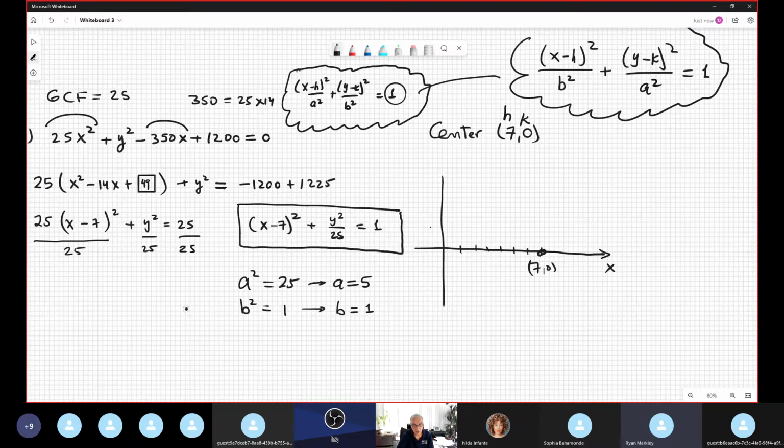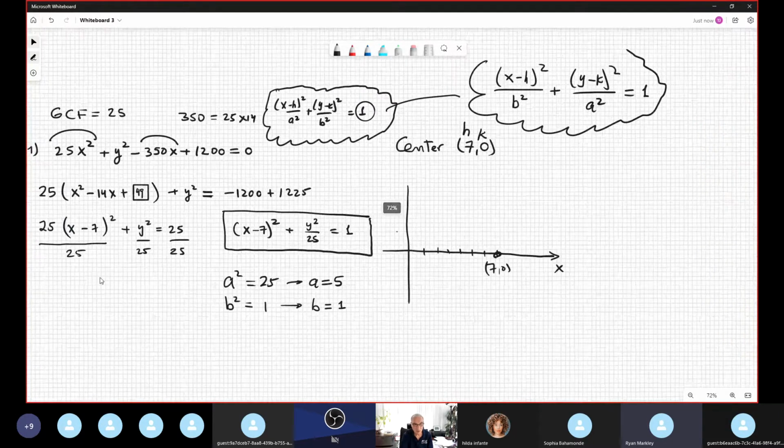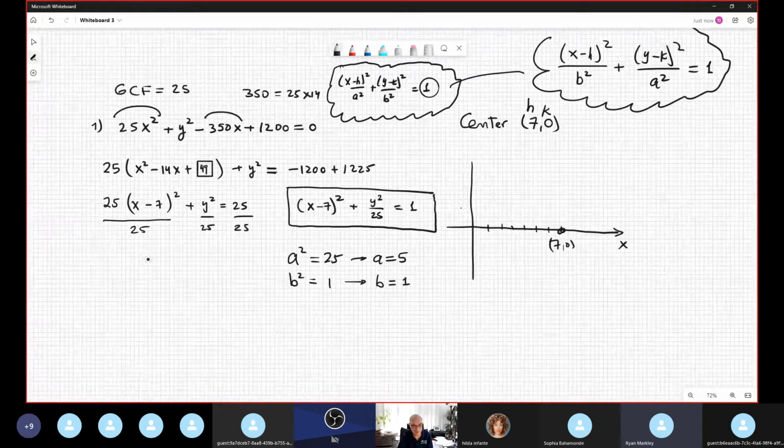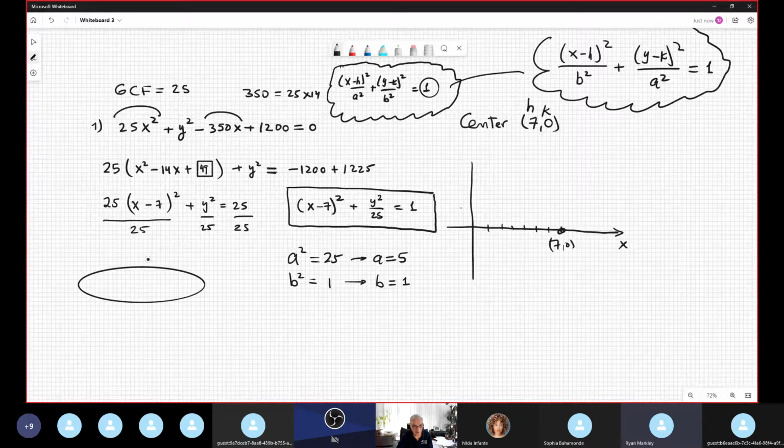Done. And a is 5 and b is 1. My next question is, what kind of ellipse do we have? We have an ellipse like that or an ellipse like that. This is horizontal and this is vertical.